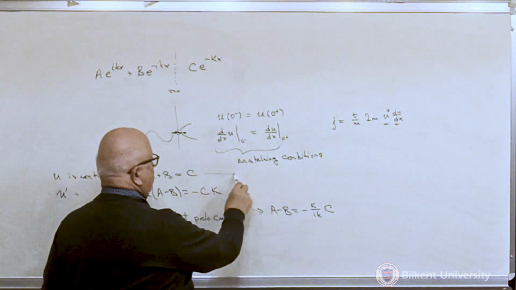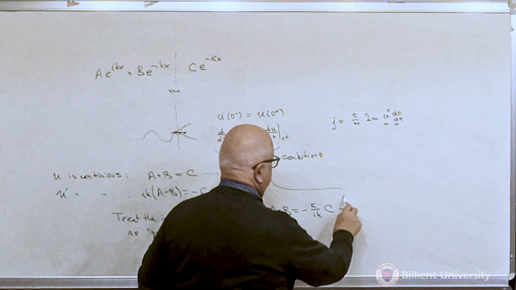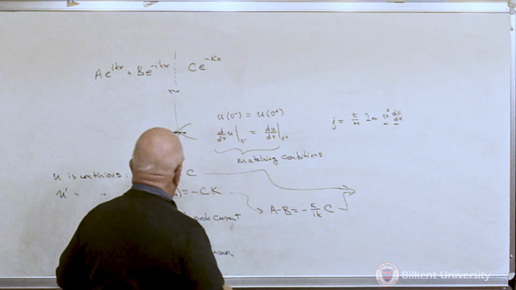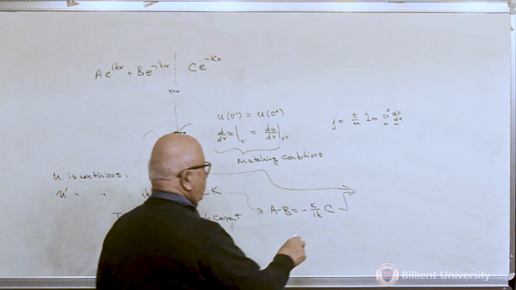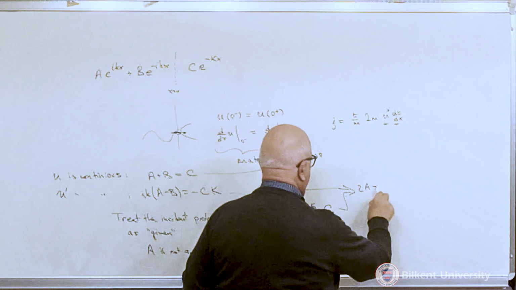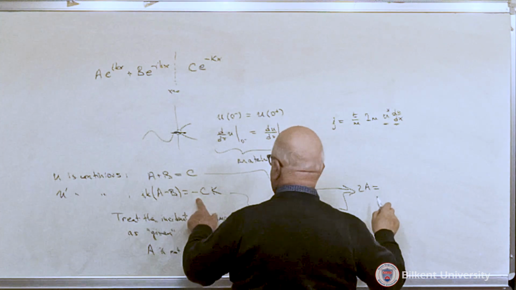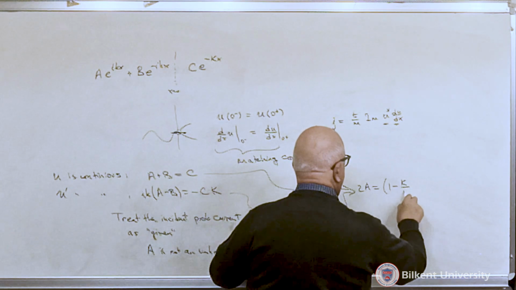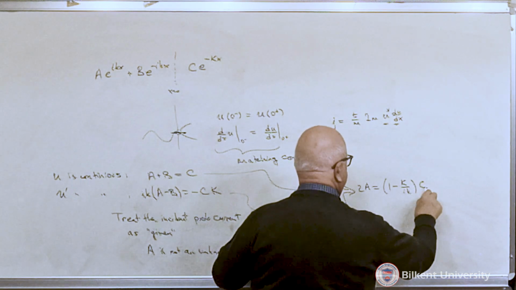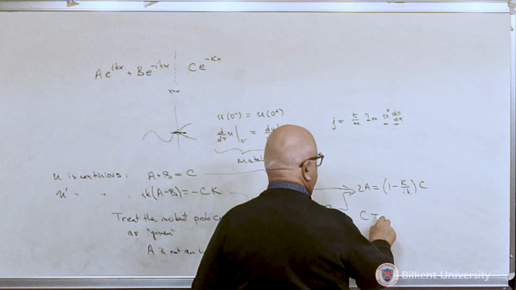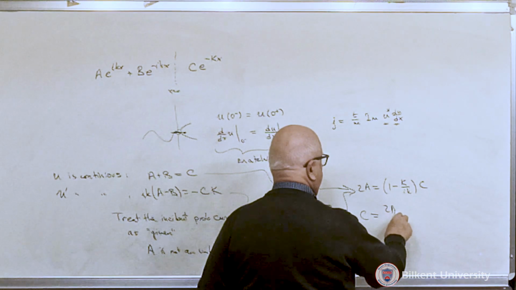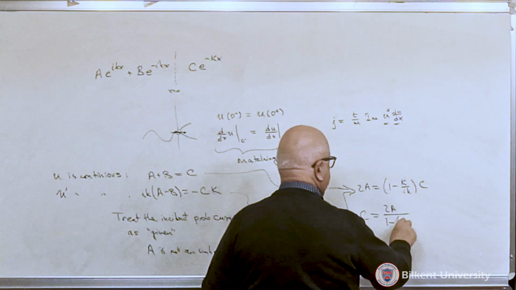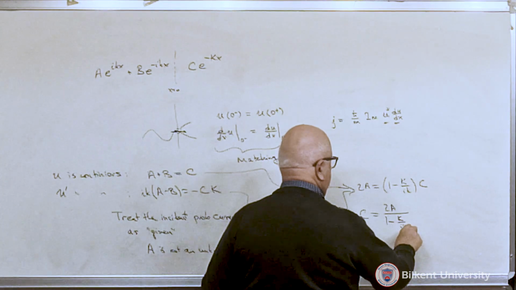So if I now add these two equations together so that the b's cancel, I get 2a is equal to 1 minus k over ik times c, or c is equal to 2a over 1 minus k over ik.